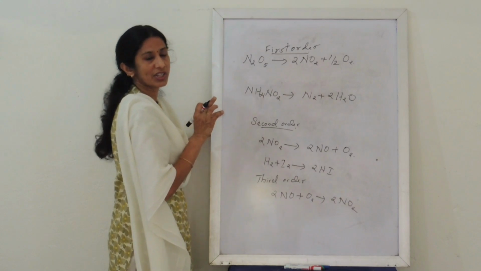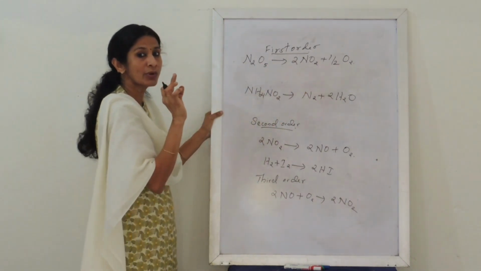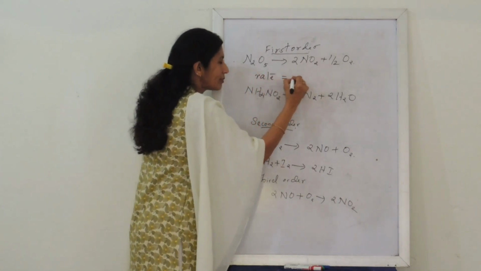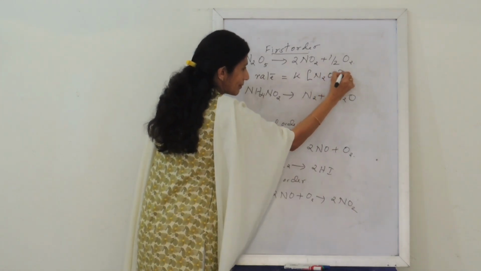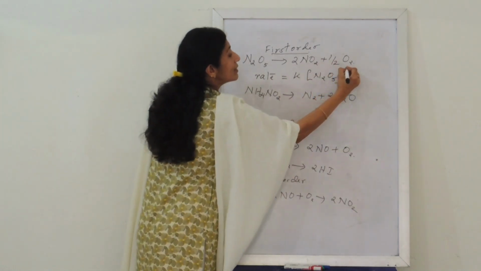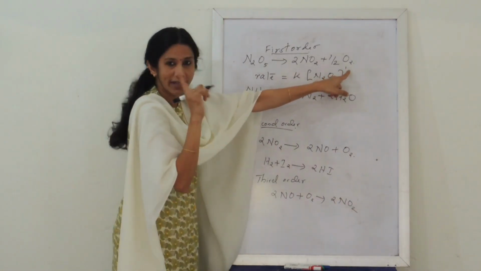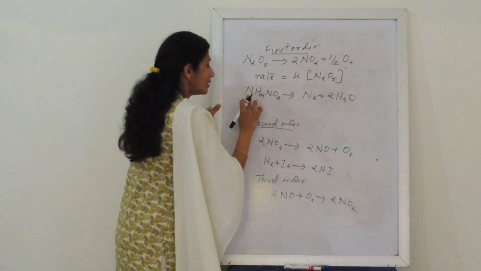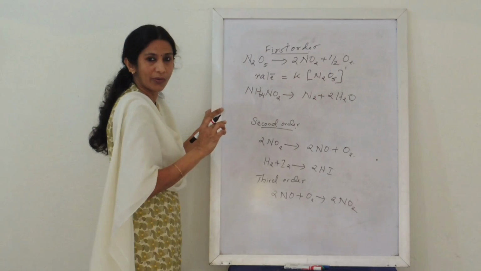The first order reaction N2O5 gives 2NO2 plus half O2. That is, rate is equal to, എങ്ങനെ വരും, k into concentration of N2O5. And here the order is 1, that is 1 to the power 1. അതൊരു experimental quantity ആണ്. ഇനി അടുത്തത് NH4NO2 gives N2 plus 2H2O.